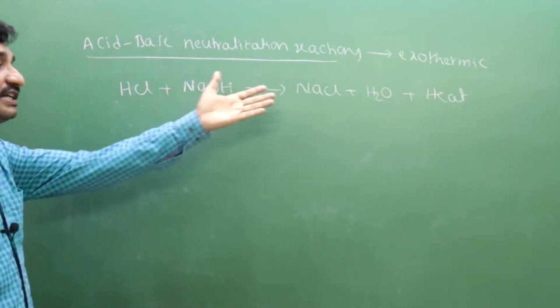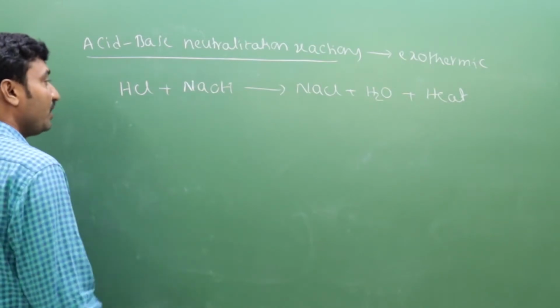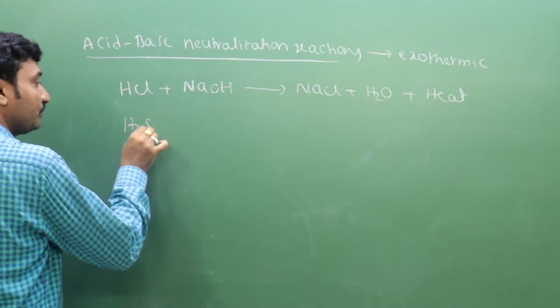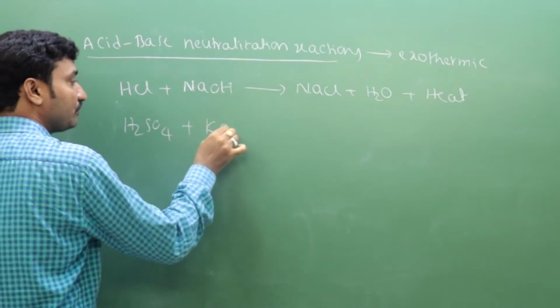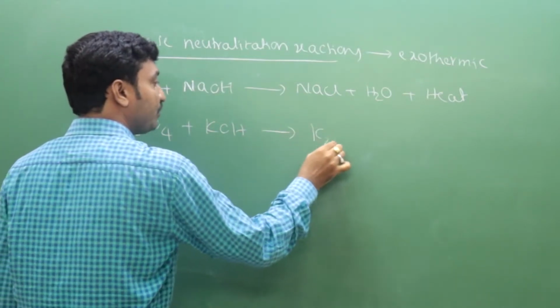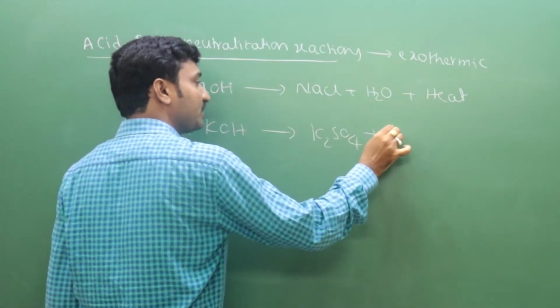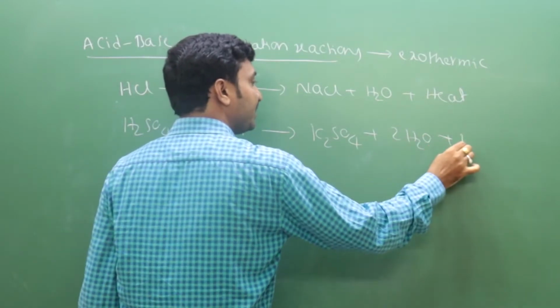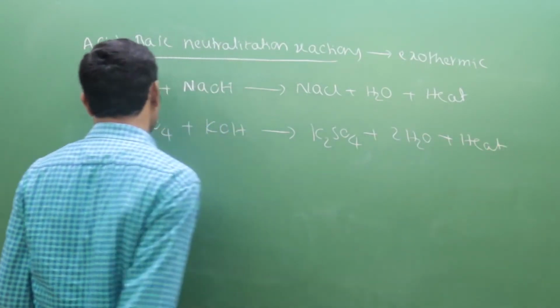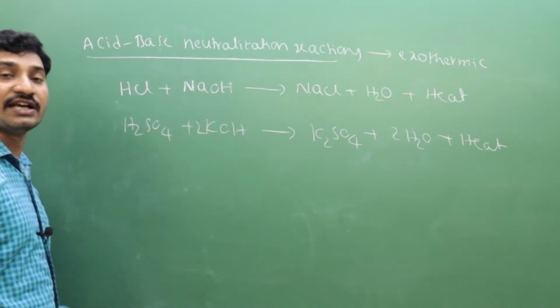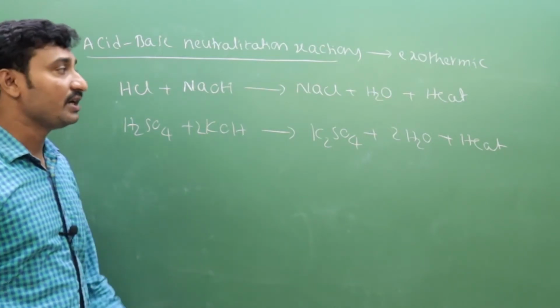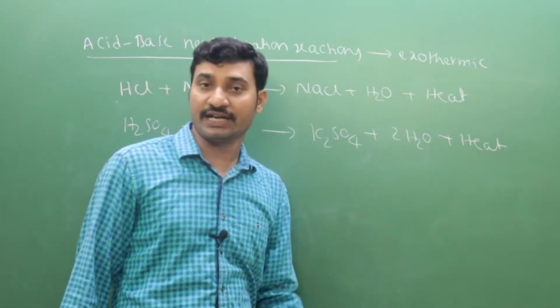Some amount of heat is released. Next one, H2SO4 plus KOH gives rise to K2SO4 plus 2H2O plus heat. This is also an exothermic reaction, plus heat or delta H is equal to negative.